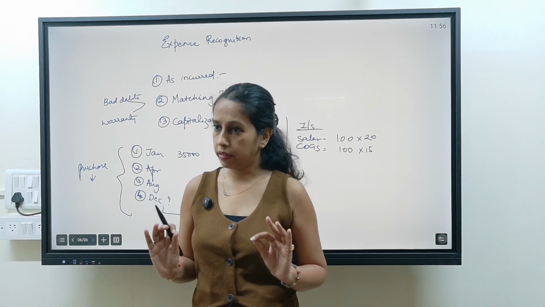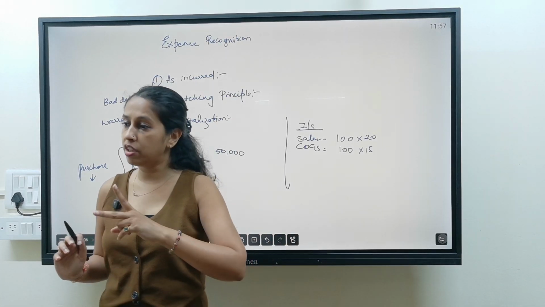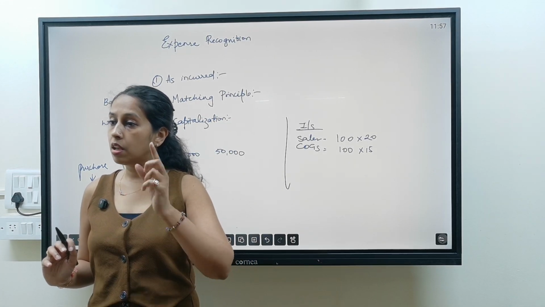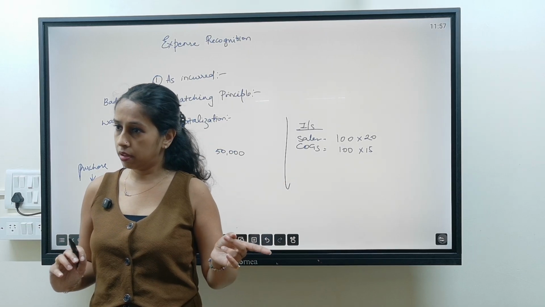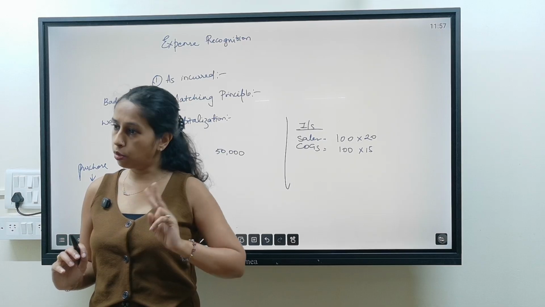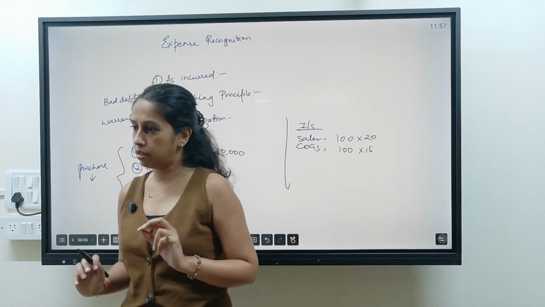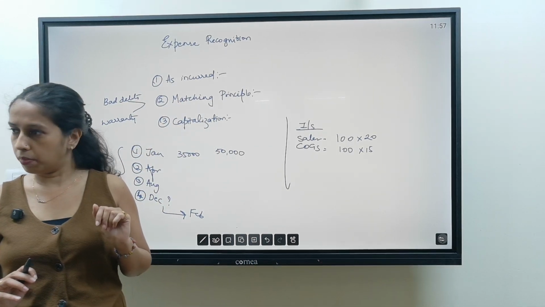Am I clear? So you're basically matching your revenue with the associated expenses that you have incurred or might incur, and you record both in the same financial year. So this is what the matching principle is all about.